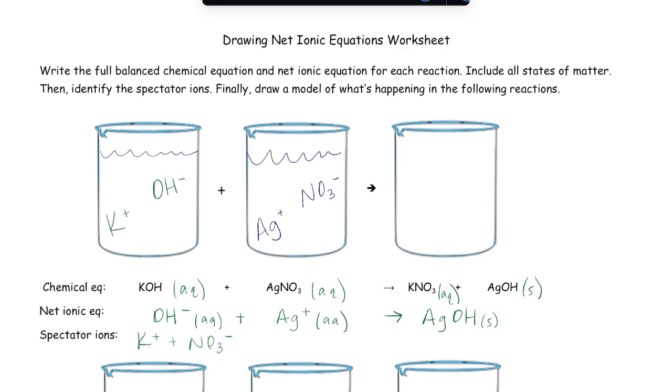And then what's happening in our final beaker? Well, we're still going to have a solution, but what we have at the bottom is a solid precipitate. And that precipitate that we have at the bottom, in this case, is the silver hydroxide. And because it's a solid, that means that we don't write it as ions, we just draw it as clumped together at the bottom.